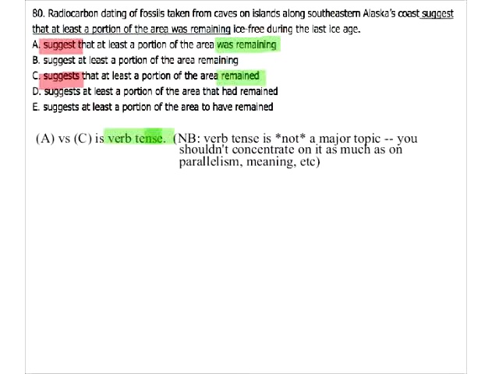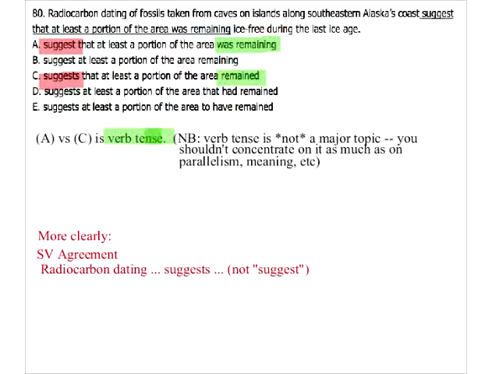More clearly, thank you for seeing what I'm apparently not seeing. Subject-verb agreement, thank you. Yeah, it's radiocarbon dating of a bunch of stuff suggests. It's one of those days. Not suggest. So that's one reason to kill A right there.